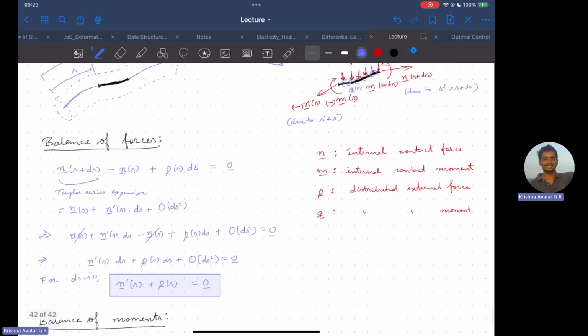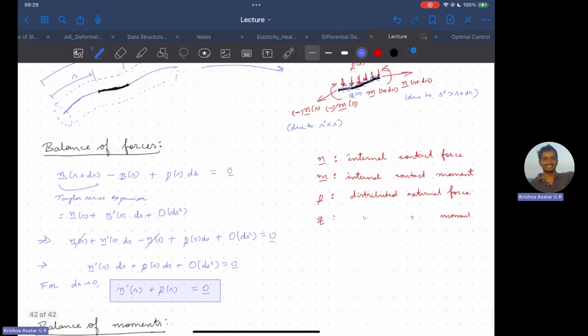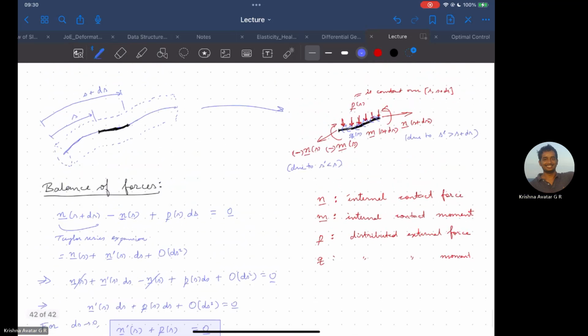Then you'll have what we call the moments because of the forces. We'll have some origin, and this point is going to be r of s, and the other end will be r of s plus ds.